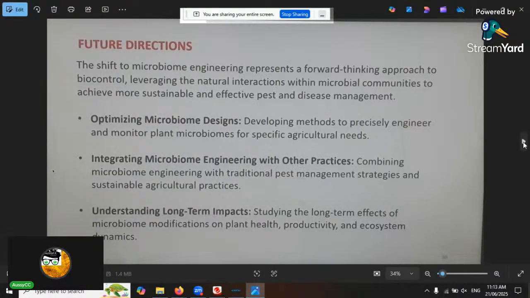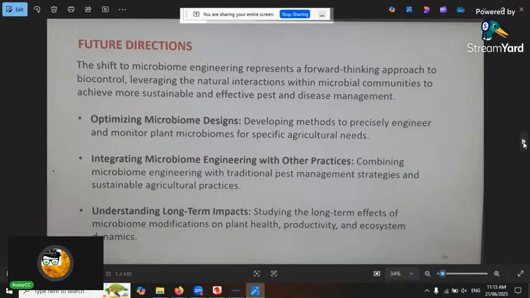Future directions. The shift to microbiome engineering represents a forward-thinking approach to biocontrol, leveraging the natural interactions with microbial communities to achieve more sustainable and effective pest and disease management. Optimizing microbiome designs by developing methods to precisely engineer and monitor plant microbiomes for specific agricultural needs.